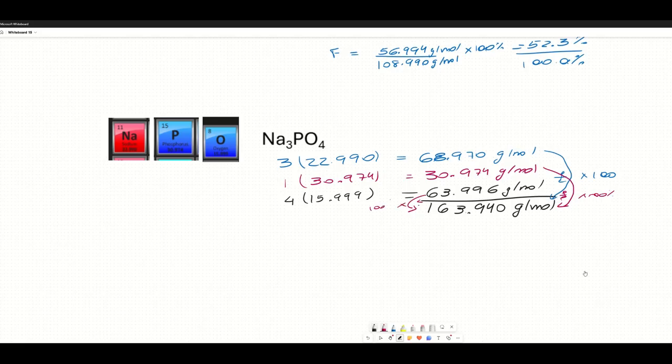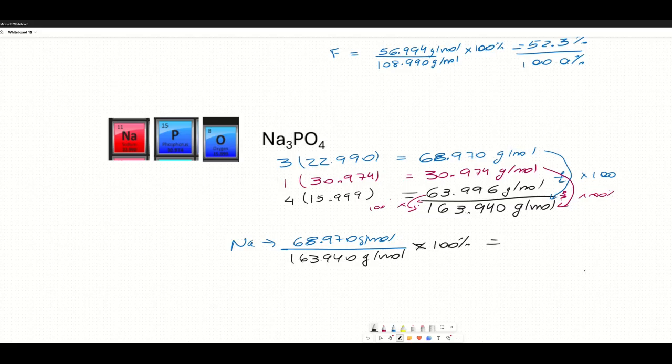Let's start with the sodium: 68.970 grams per mole divided by the total, 163.940 grams per mole, times 100%.